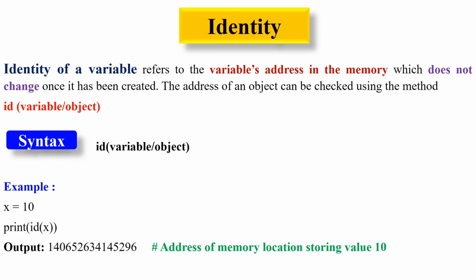The address of an object can be checked using the method id of variable or object, which is the syntax or rule. For example, variable x holds the value 10. When we print the identity, that is id of x, the output displays 140652663145296, which is the address of the memory location storing value 10.